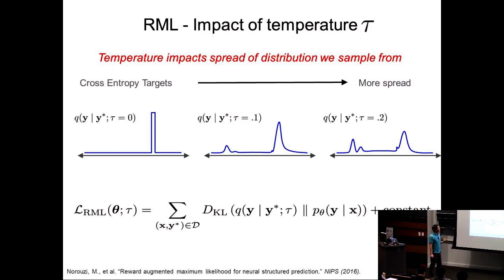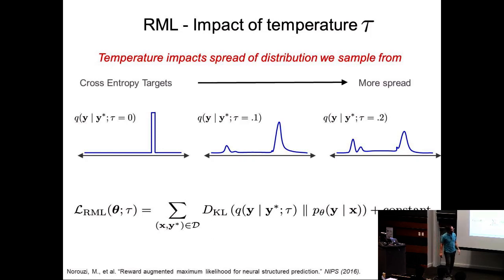Maximum likelihood estimation basically says you're only considering the correct one. You're summing over the probabilities of predicting the correct target. So if your tau is 0, you're saying, I'm only going to predict this thing. Everything else is incorrect.